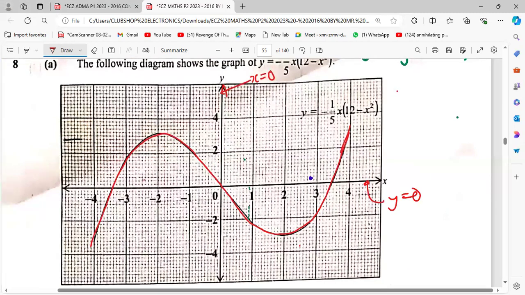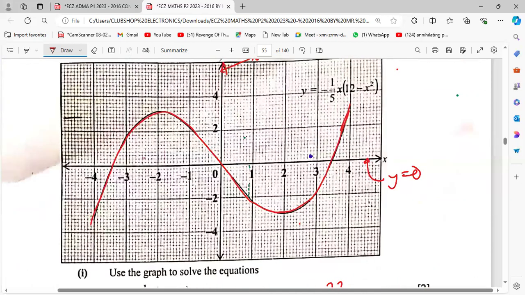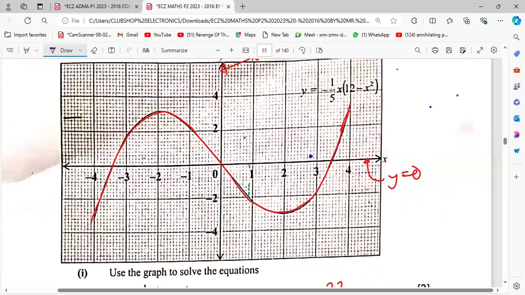Okay. So our conditions are number 1, the curve, then the line y is equal to 0, which is the x-axis. So this is what we are talking about. Let me draw the line.